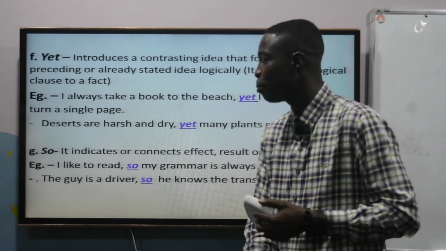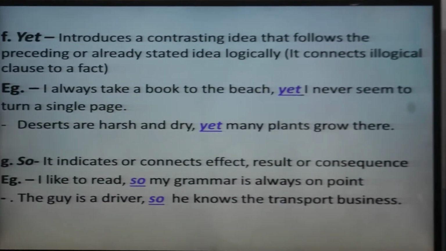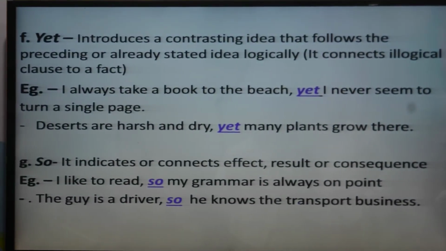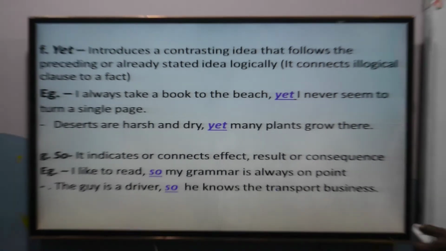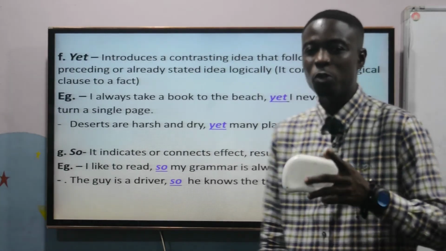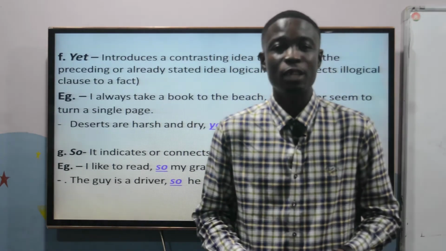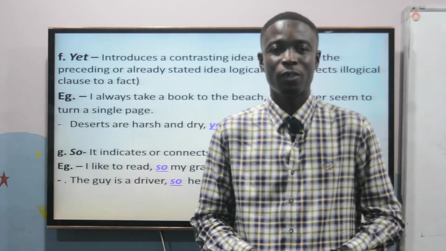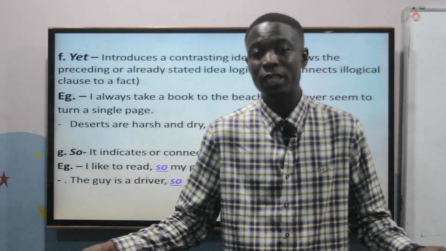Let's take the second example. Deserts are harsh and dry, yet many plants grow there. Of course, if you don't know a desert, it is a place where plants are not supposed to grow, because we know deserts not to have water flowing around.